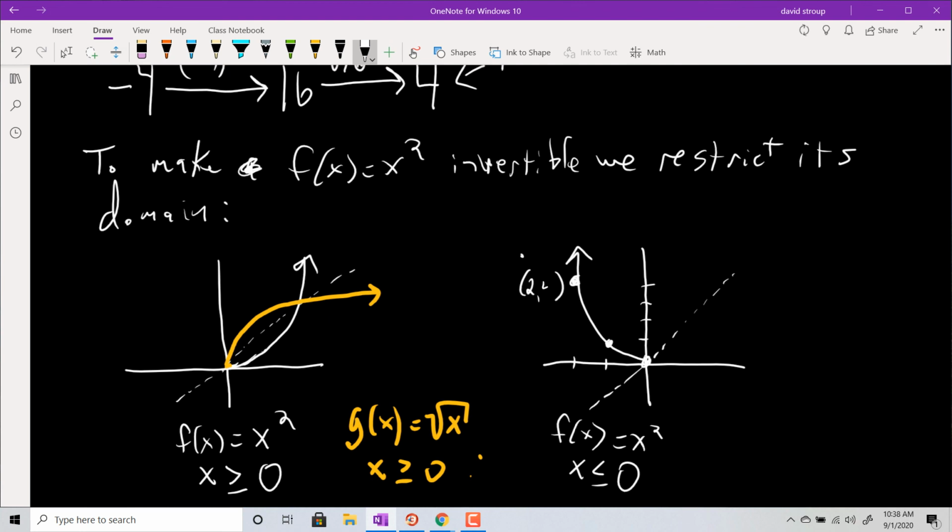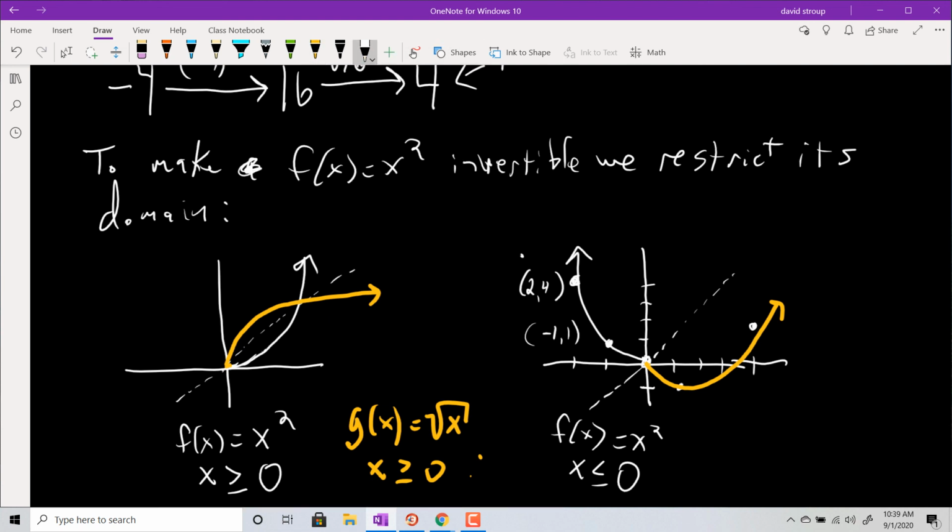So if this is 2, 4, we need 4, 2. If this is negative 1, 1, we need 1, negative 1, and then 0, 0. So our result, the inverse, in yellow, is going to look like this, kind of. I didn't draw it very well. It should be symmetrical. If you do your tick marks correctly, it'll look a lot better.